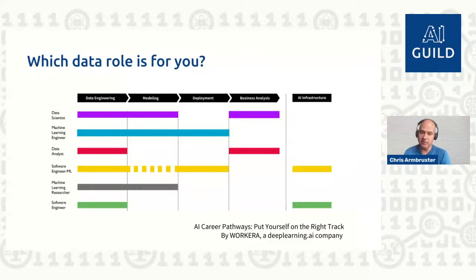So today we're going to be focusing on the data scientist. But the question is, what's your data role, or which data role is for you? So there are other ones like data analyst, machine learning engineer, NLP person. And many practitioners actually, in this sense, have more than one professional identity.